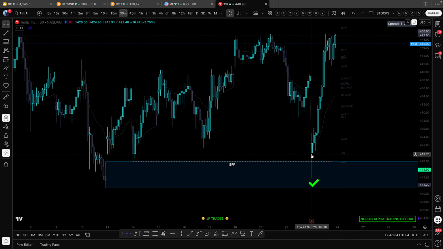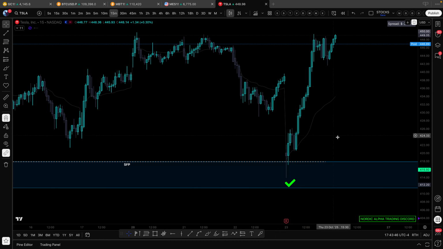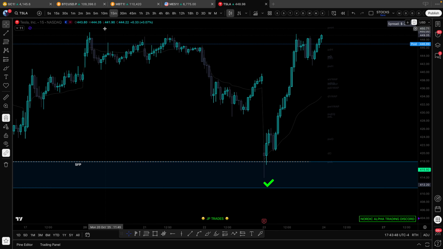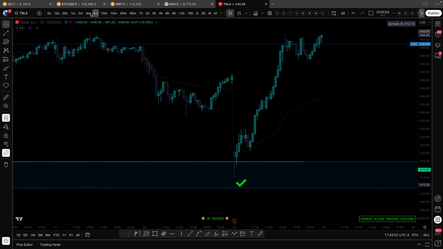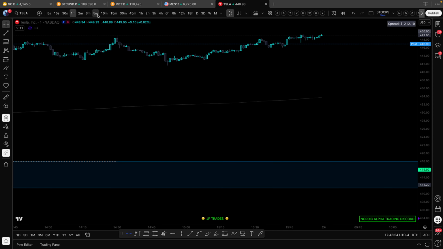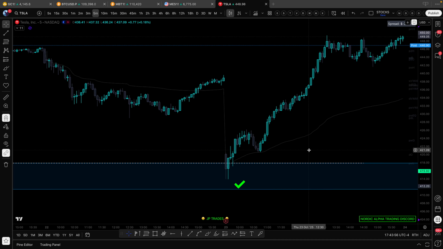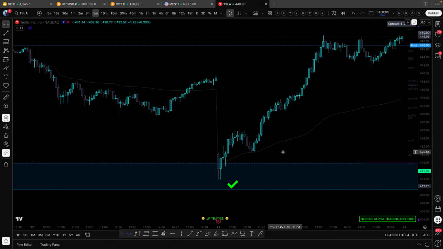So getting back to the entry, how would we refine this entry down to be one of my refined entries to achieve just that? Let's go down to the 15. What I like to do is, if I'm looking on the 30-minute, I just simply roll down my time frames to see and wait for what I want to see.